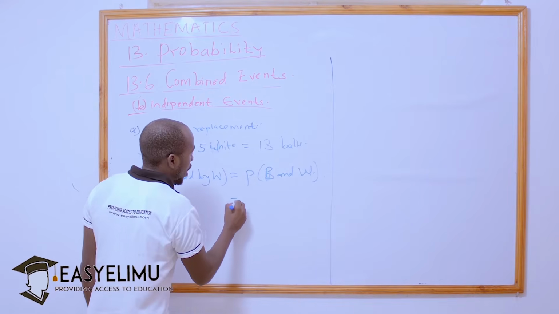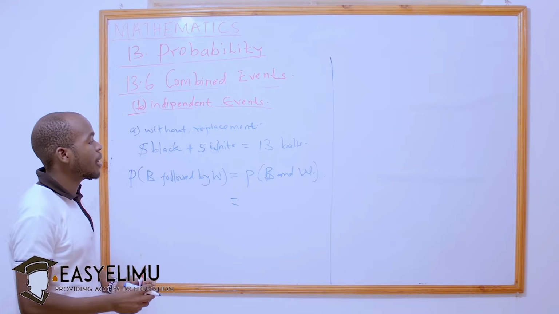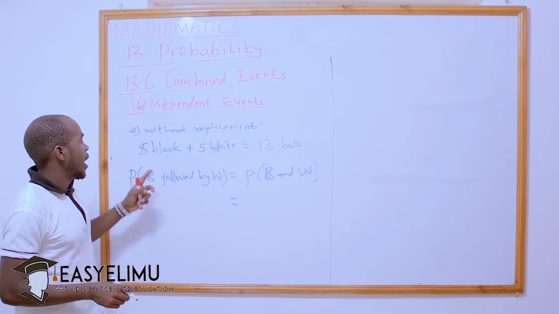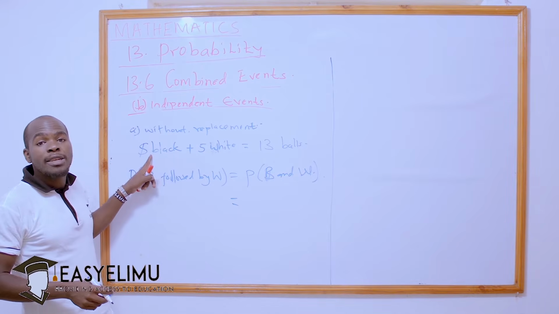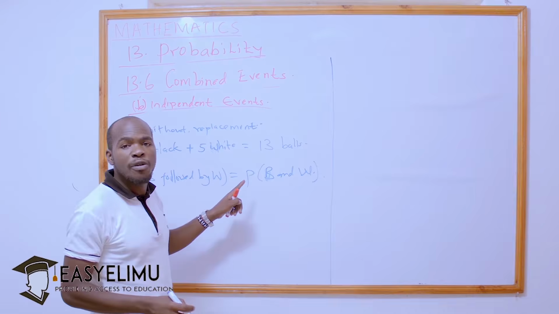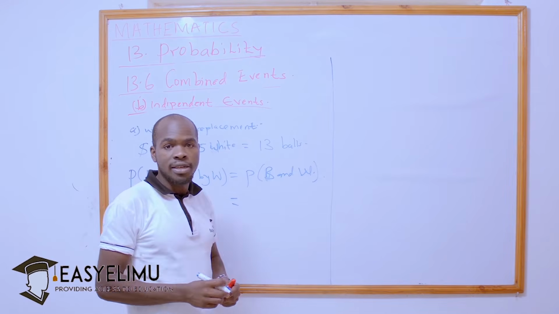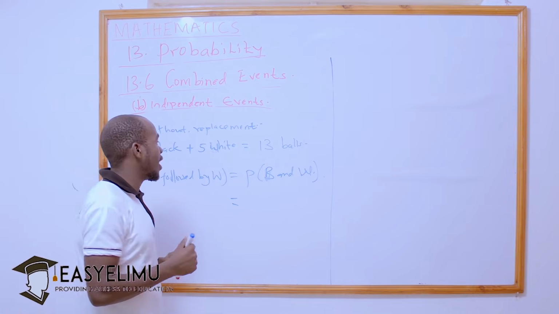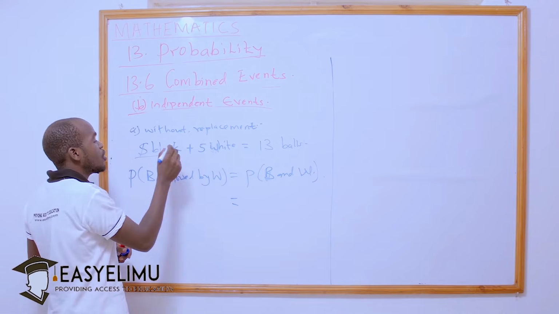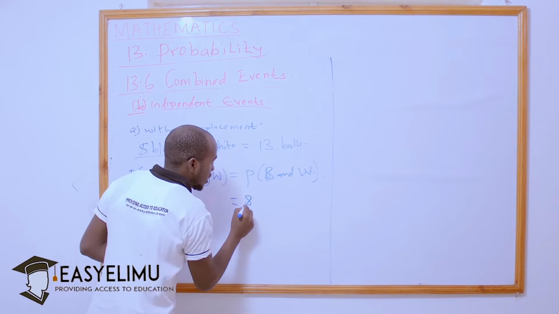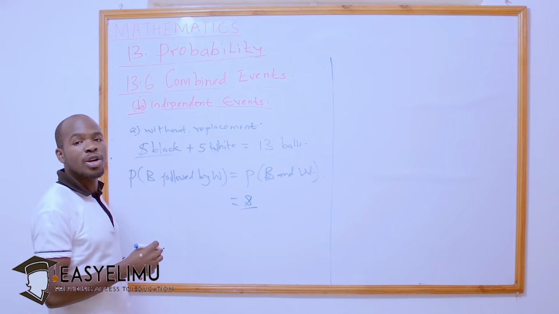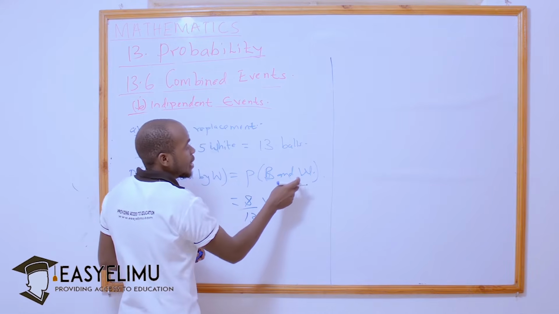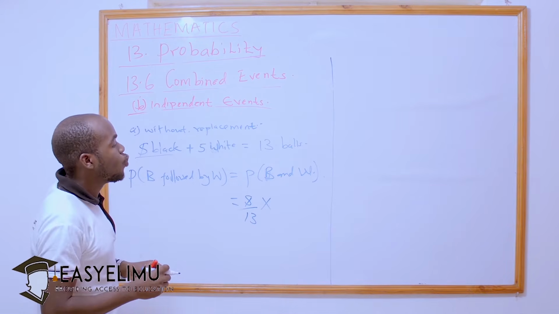In that case, we are going to find the probability of picking a black ball from 13 balls. We have a total of 8 black balls and the total number of balls in the bag is 13. So the probability of picking one ball which is black will be the number of black balls, that is 8, over the total number of balls in the bag, which is 13. We shall multiply by the probability of picking a white ball.